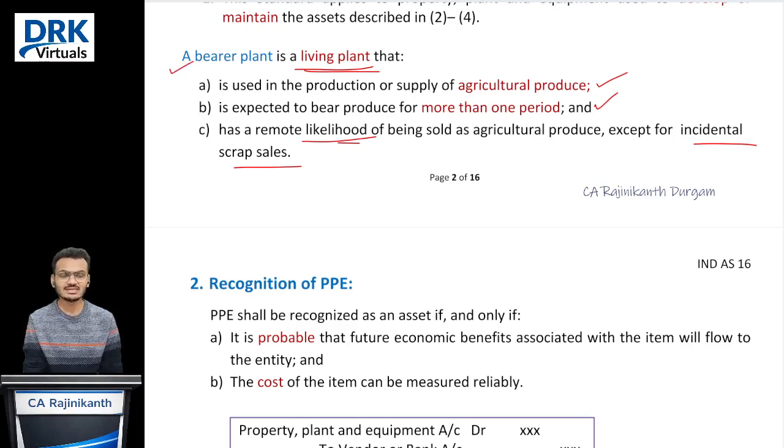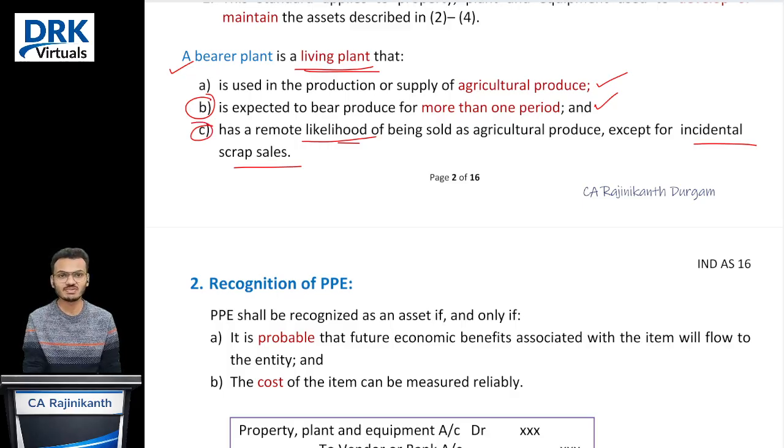If you compare the same with short-term crops like paddy, corn, or other short-term crops, they don't satisfy this definition, because they can't satisfy the second condition and, in some circumstances, the third condition.